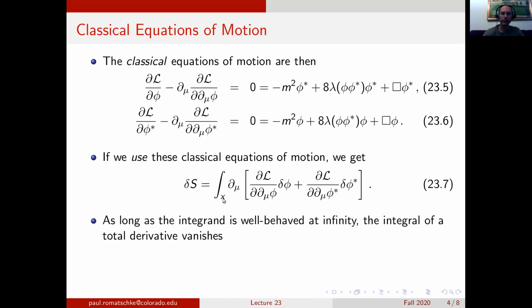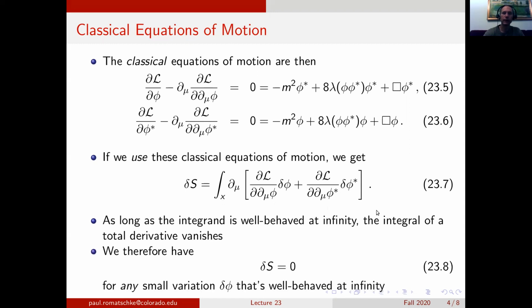Clearly, since this is an integral over a total derivative, and the integral here is over all of space-time, we'll have that this integral is vanishing as long as the integrand here is well behaved at infinity because of Gauss's law.